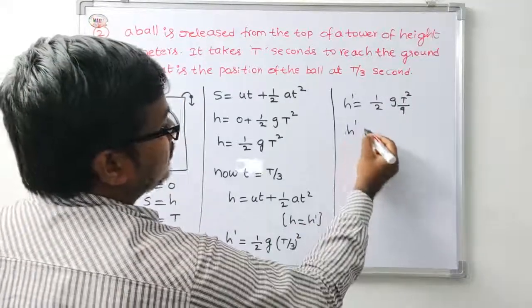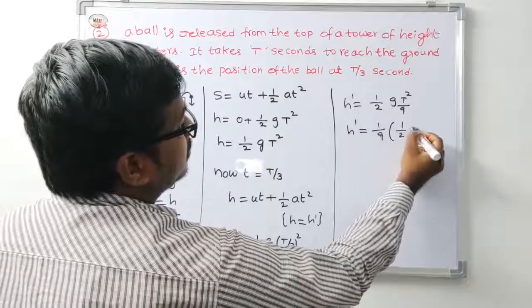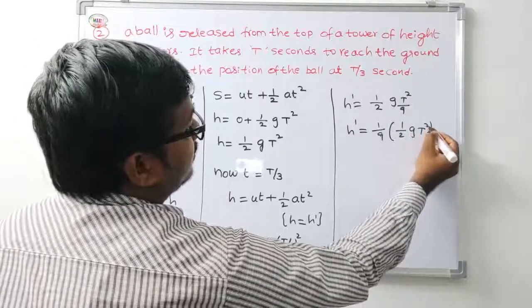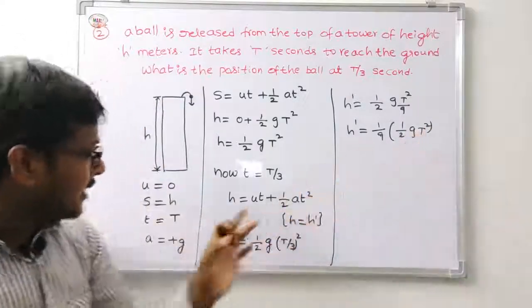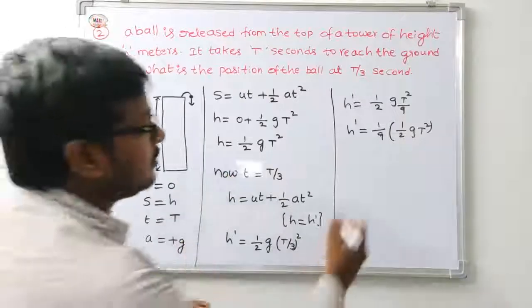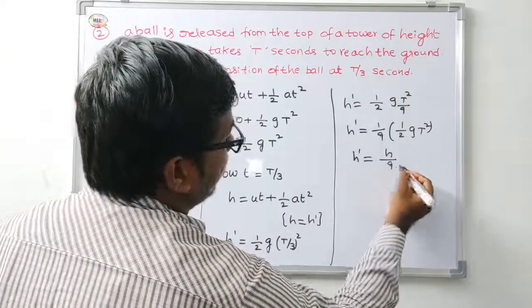So H dash is equal to 1 by 9 into half g T square. Half g T square is equal to H, so H dash is equal to H by 9.